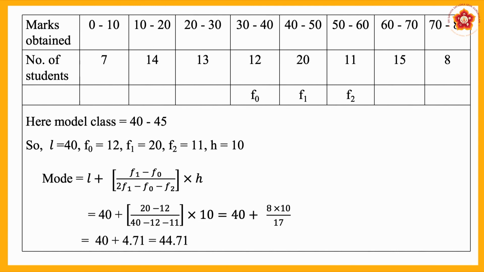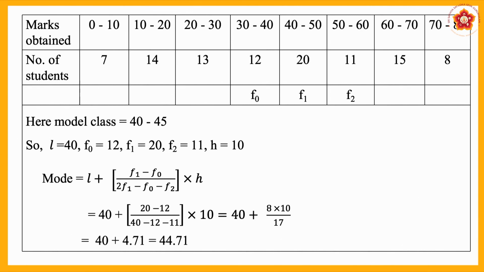Therefore, 40 plus 80 divided by 17, if you divide 80 by 17, you will get 4.71. Then you have to add 40 plus 4.71, the answer becomes 44.71. This is the mode of the given data, 44.71 is the mode.